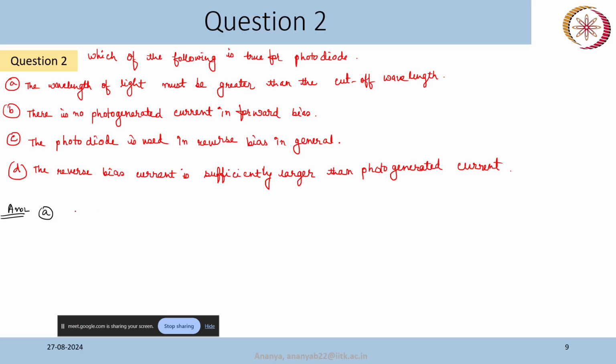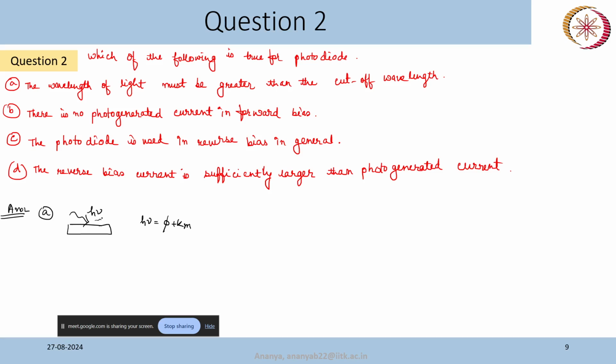So the first point is the wavelength of light must be greater than the cutoff wavelength. So if this is some material and light is incident here, the energy is h nu. Light can remove electrons from this material, so h nu will be equal to phi plus Km. So what is phi? The work function of the material, or the energy required to remove an electron from the material, and Km is the kinetic energy of the removed electron.